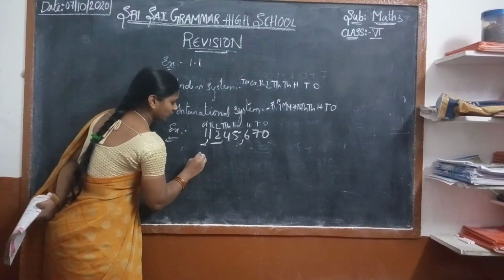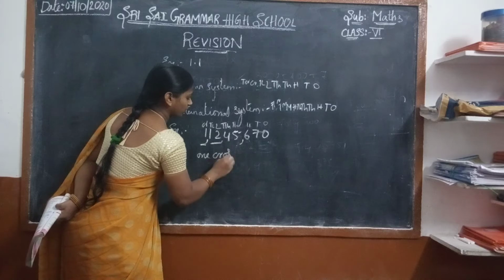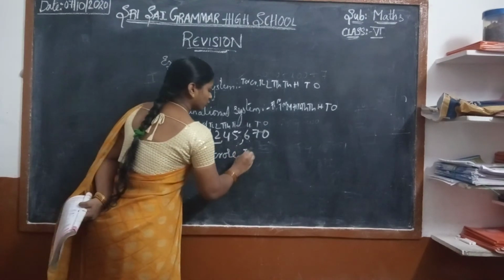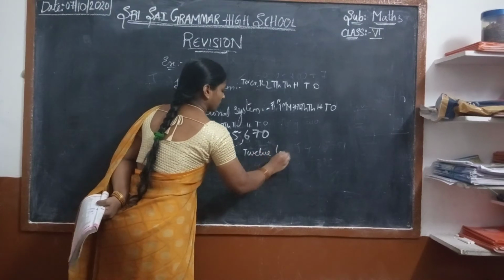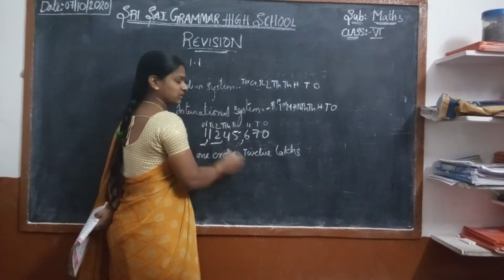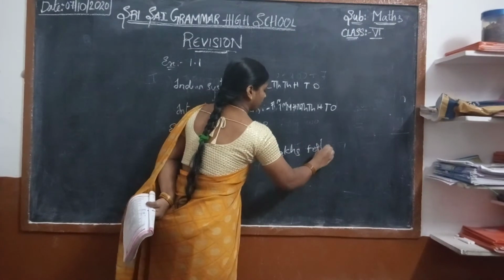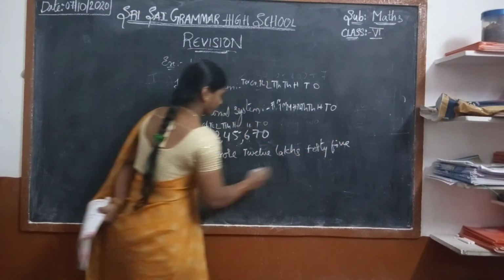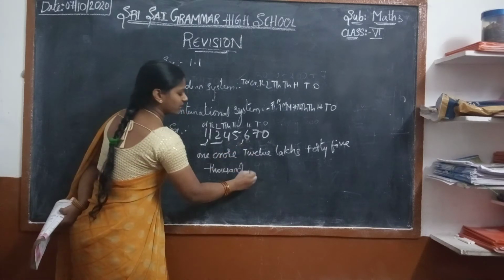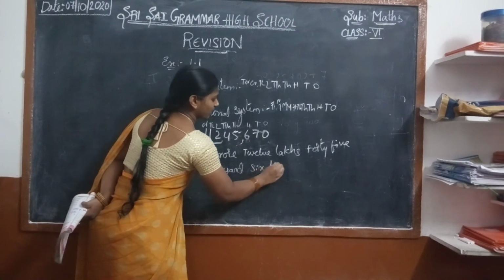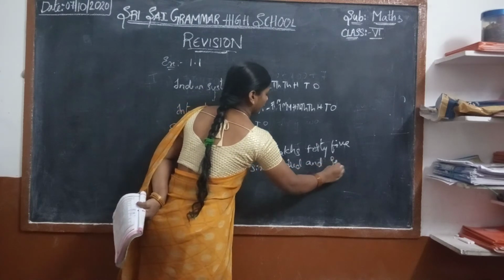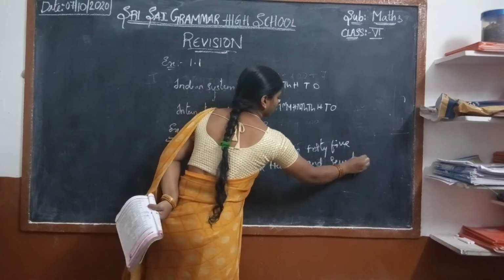1 crore. Now 12 is in the 10 lakhs place, so 12 lakhs, and 45,000, because it is in the thousands place. 45,000 and 600, and 70.